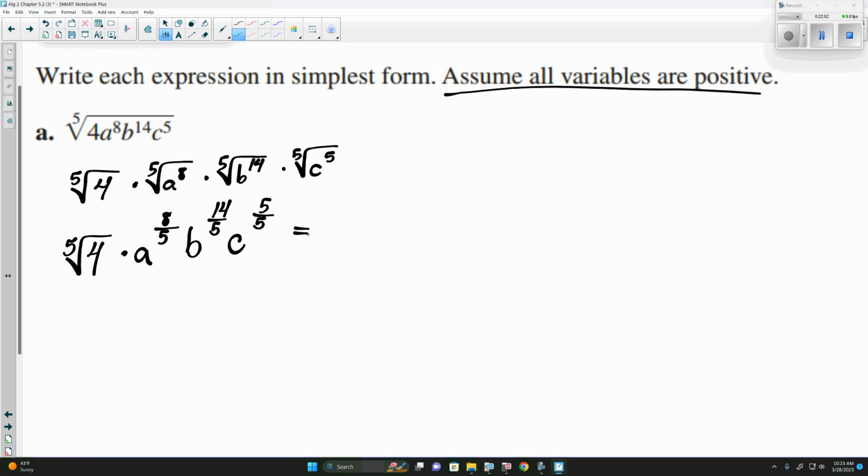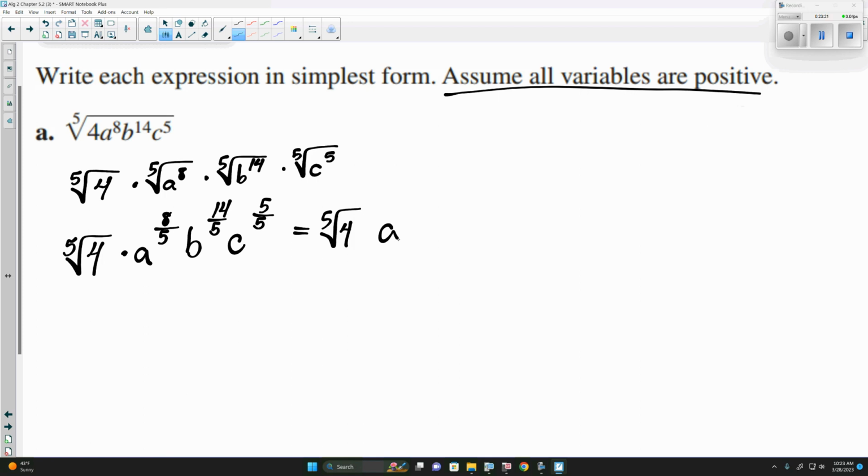And again, we want to simplify this. Now, on all the previous ones that we've done today, the fractional exponents reduced. Kind of like here, c to the 5/5. Does 8/5 reduce to a nice number? No.